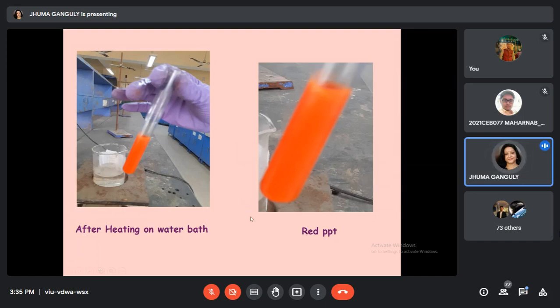Sometimes in the lab we keep it for a long time. But during the laboratory session you will not get such an intense result because you do not spend much time on strong heating. Maybe 15 or 20 minutes is enough. Red comes at the bottom, a very little copper, actually some copper oxide, and it stops the reaction. If kept for a long time you get a special case, but in the laboratory you will not get so much color, and with shaking it settles down.